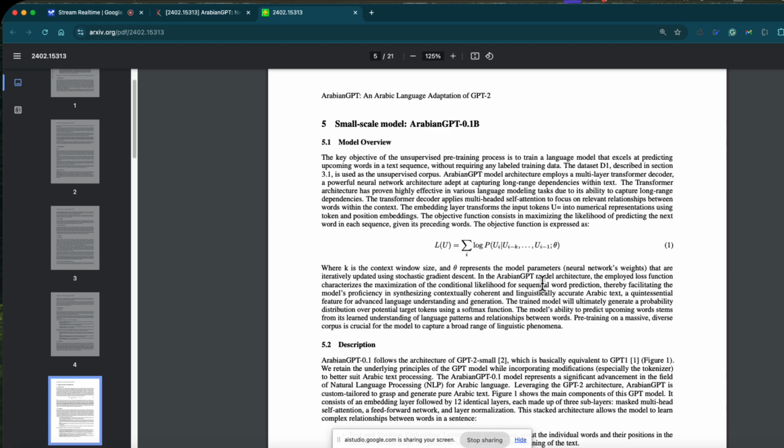In simple terms, it's a metric that the model tries to optimize during training. This objective function is used to maximize the likelihood of predicting the next word in a sequence, given the previous words. It does this by iteratively adjusting the model's parameters, using an algorithm called stochastic gradient descent. Do you have further questions regarding this function or the training process?